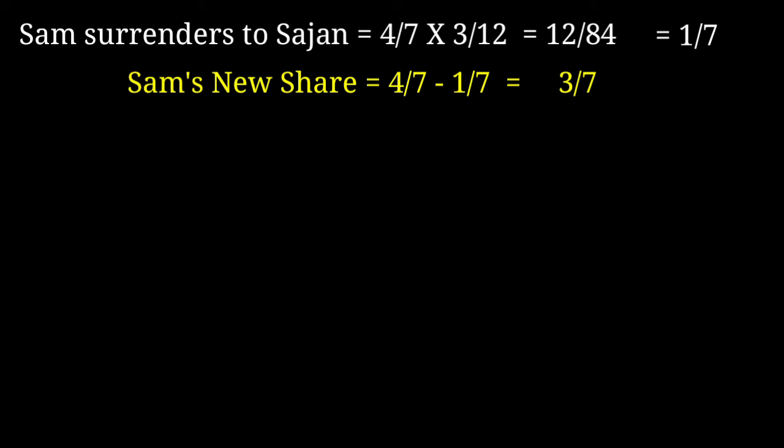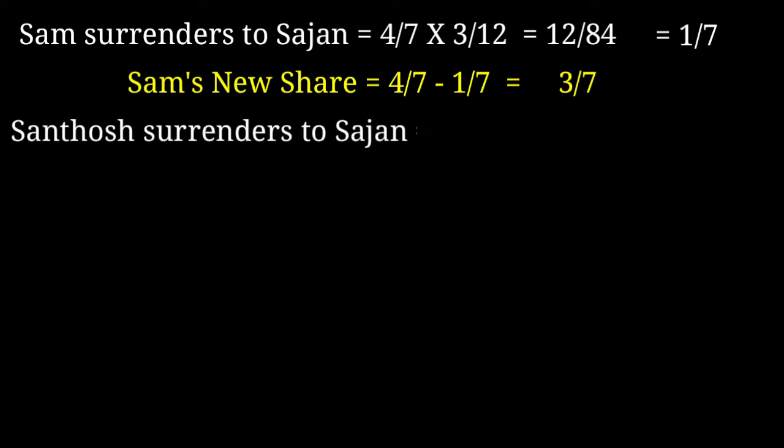Next, we need to know how much Santosh is surrendering for Sajan. Santosh's old share is 3/7 and he surrenders 1/12 portion of his share. His share is 3/7 and 1/12 portion he is giving to Sajan.